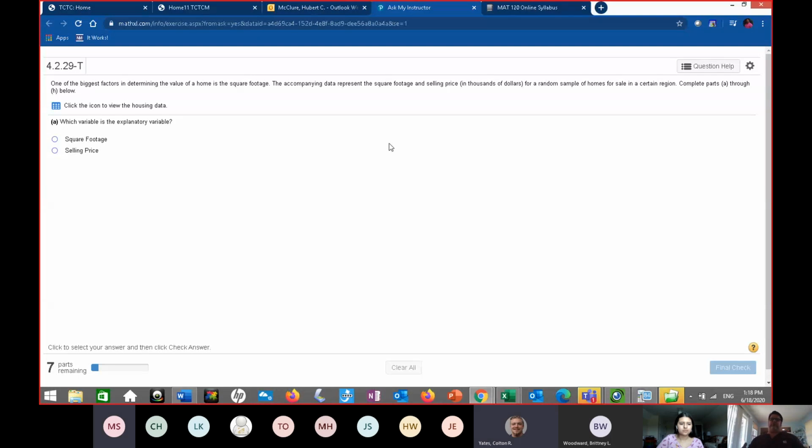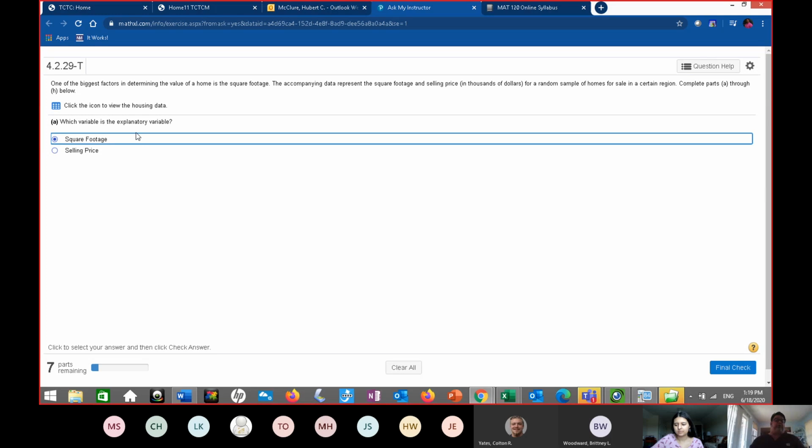No. So the dependent variable is the cost, how much it costs. You've done this problem before. Last time. Well, we'll go over it again. Square footage would be the explanatory variable. Another word for it is your independent variable.